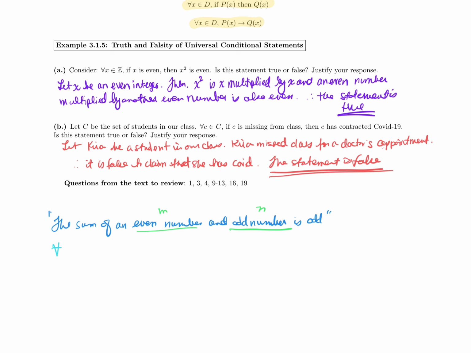So we have to have an M and an N. So we would just say for all M and N in a set of integers, if M is even and N is odd, then what are we claiming about their relationship?